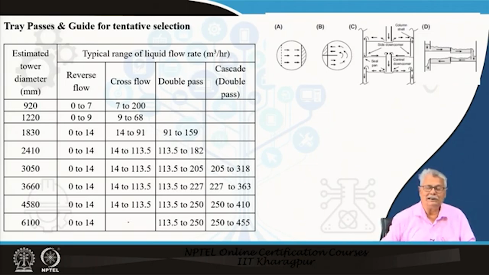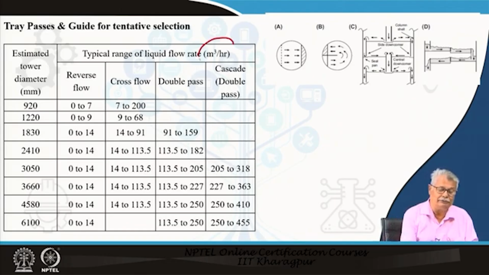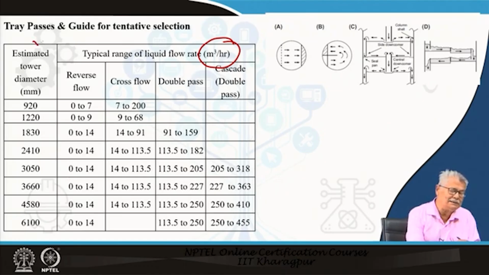Depending on what velocity, or rather what flow rate of the liquid we have, the tray selection has to be made. Here we know that we have made some estimated tower diameter. In fact, based on the tray spacing and the diameter, we have a rough idea of the size of the tower itself.